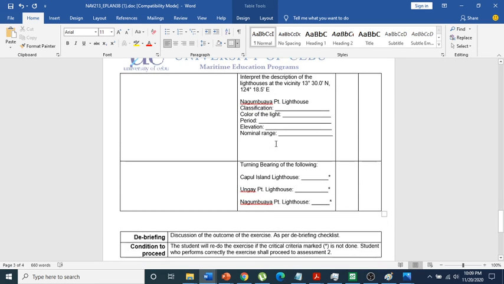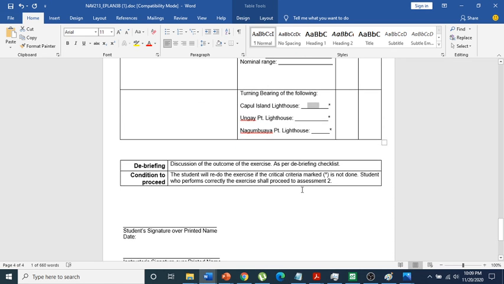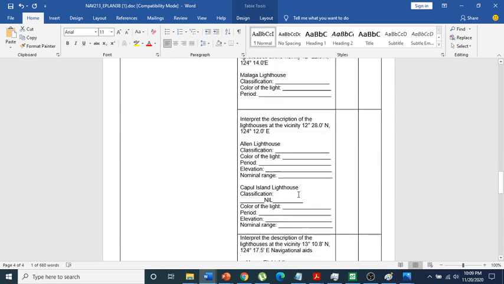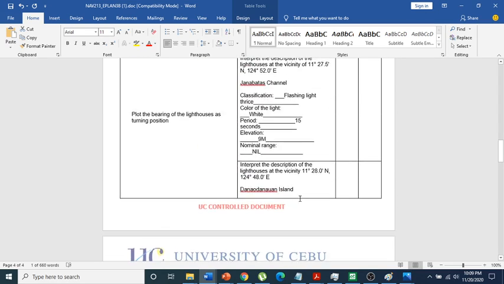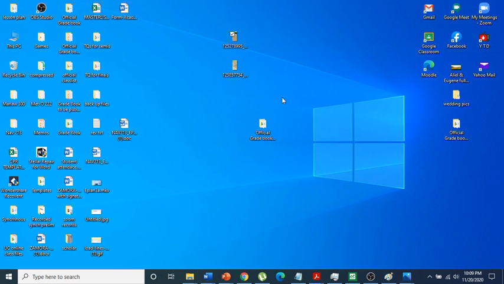For this one, you put a bearing line, measure the bearing, and put the answer here. I trust that everything is clear. Basically it is relatively easy compared to the other E-plans. So that's all. Thank you.